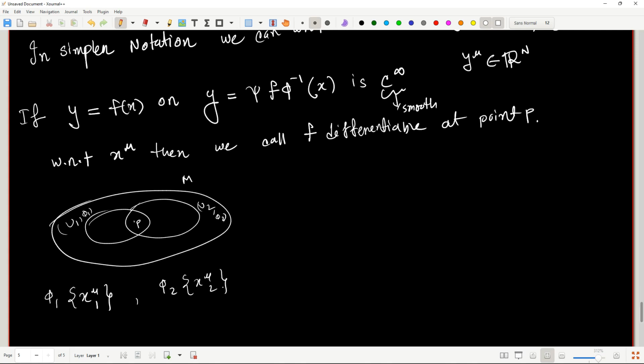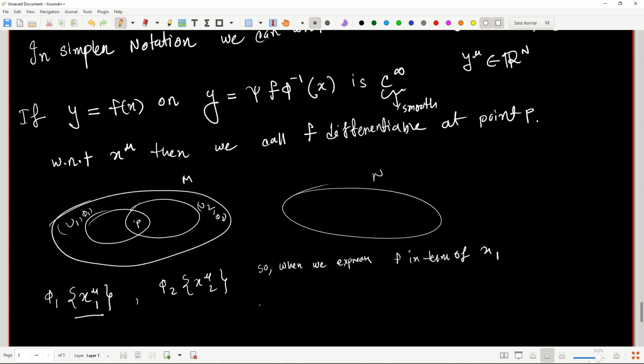Now if I express the point P in terms of x1^mu, then the map f, which takes P to the manifold N, takes the following form. We have the expression of f as psi f phi 1 inverse.